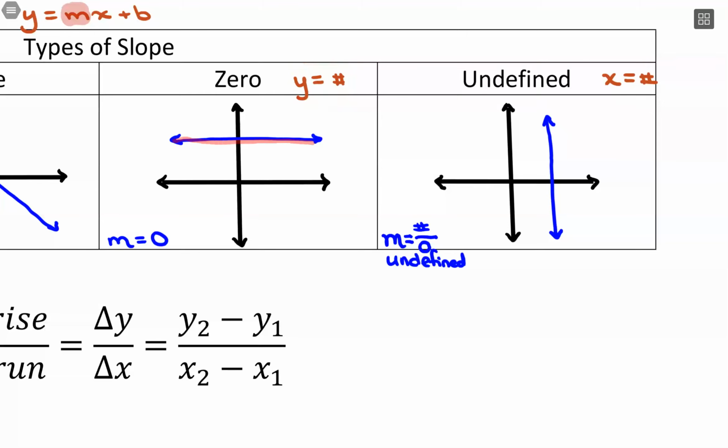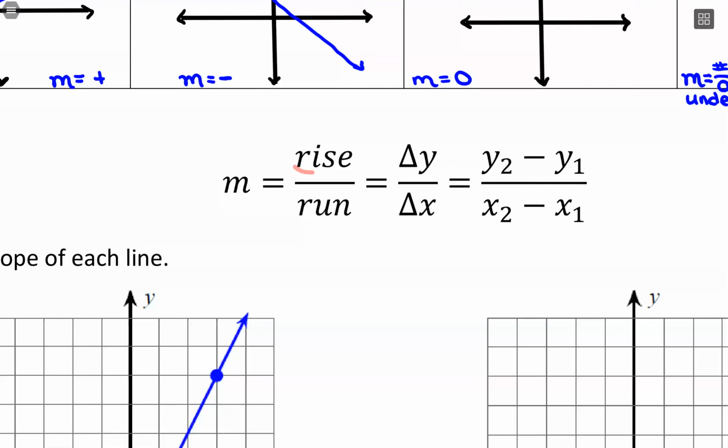There are so many different ways to think about how to calculate slope, but what it comes down to is a numerator and a denominator. So the numerator is all about rise, moving up and down, which is along the y-axis. So really we're thinking about, and what this triangle represents there means change.